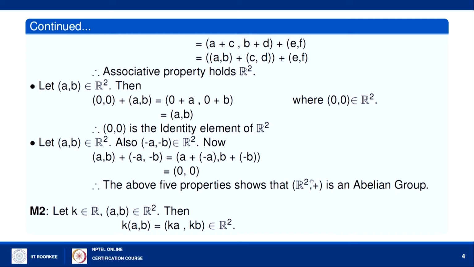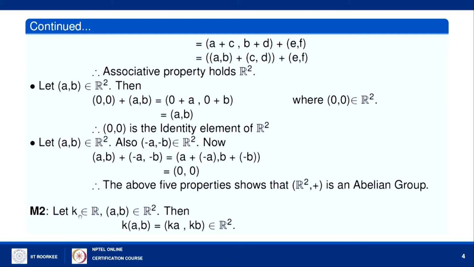So, this is the first property which we have defined in the definition of vector space. Now, come to the rest of the properties. My second property was that if you have a scalar and a vector, then the scalar multiplication between them is also an element of the set R2.